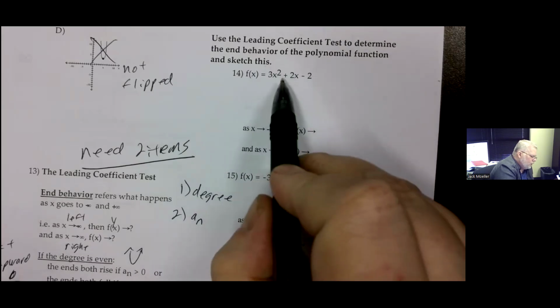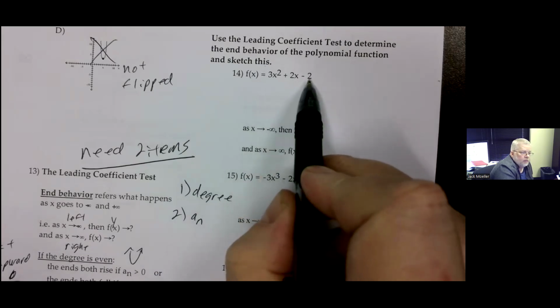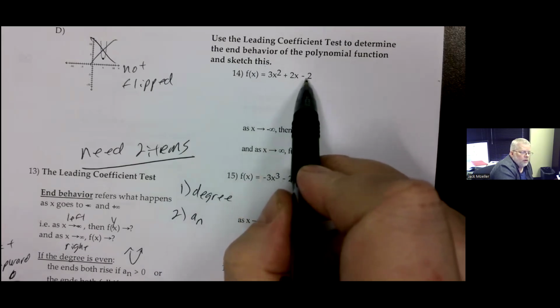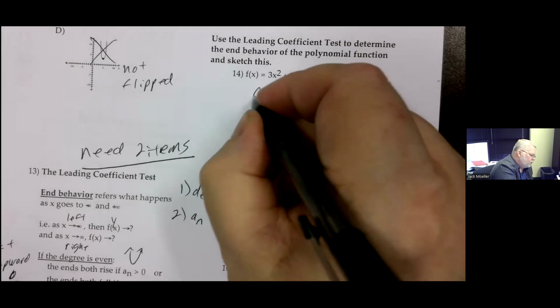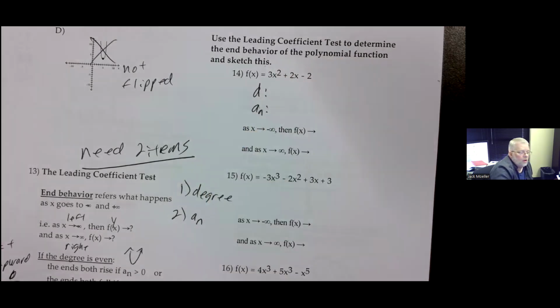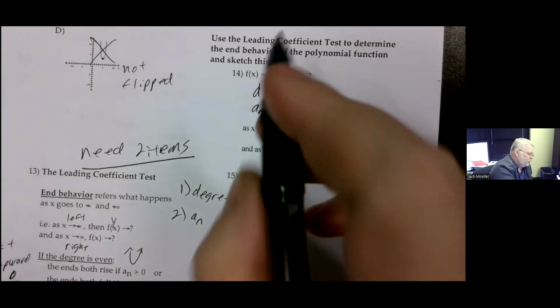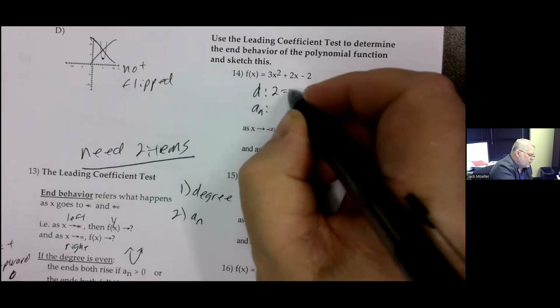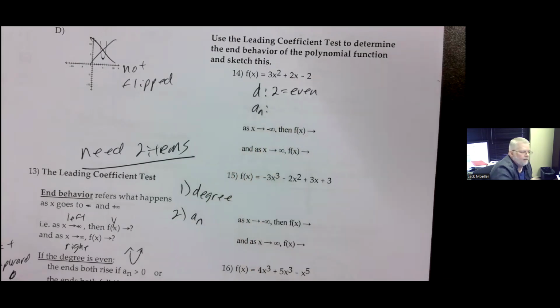Okay. So 3x squared plus 2x minus 2. So how do we know what the end behavior looks like? Well, we need the degree and we need the leading coefficient. So what is the degree? Well, the degree is 2. What's important about that is that it's even. What's the leading coefficient?